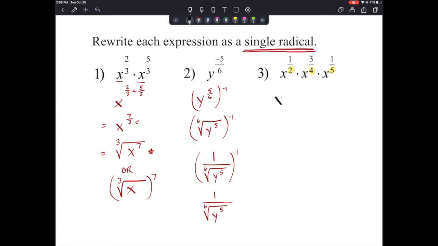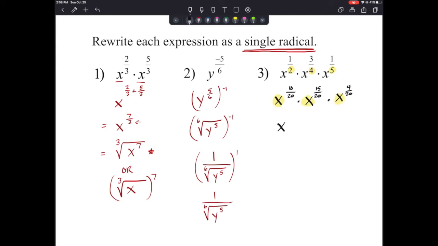So I can rewrite this as x to the 10/20 times x to the 15/20 times x to the 4/20. And now we'll just use that property of exponents that states that we can multiply numbers with the same base and add their exponents.